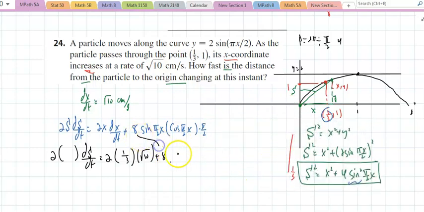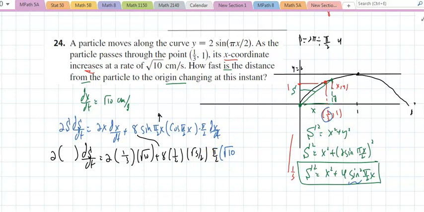The sine of pi over 2 times 1/3 is the sine of pi over 6, that's 1/2 actually. And the cosine will be radical 3 over 2 times pi over 2. So everything's there except, oh, I left out dx/dt times a radical 10 as well.